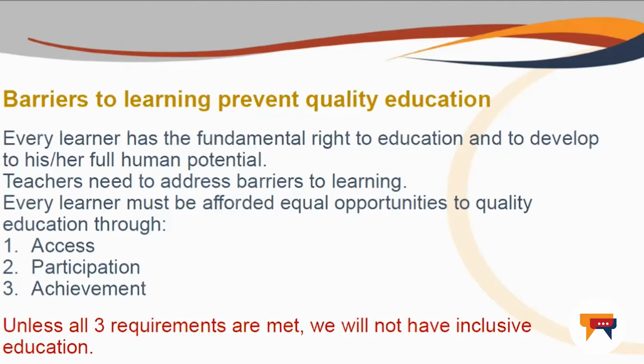We can look at whether every learner has the equal opportunities for quality education through whether they have access to education. And access is more than physical presence, because you can be physically present in the classroom, but if you do not understand the language of learning and teaching, you can't fully access your right to quality education.